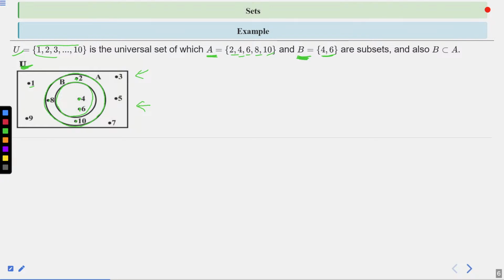I hope concluding results from the Venn diagram is clear to you. If you are given a Venn diagram, you must know how to conclude the results, how to conclude what is subset, what is the universal set given to you, and so on. Clear?